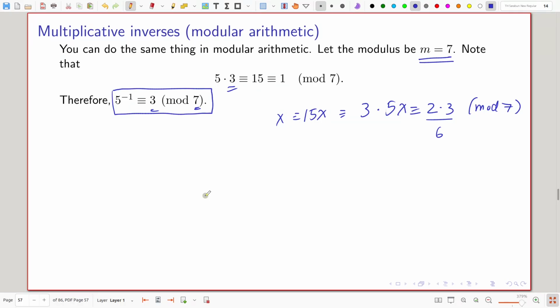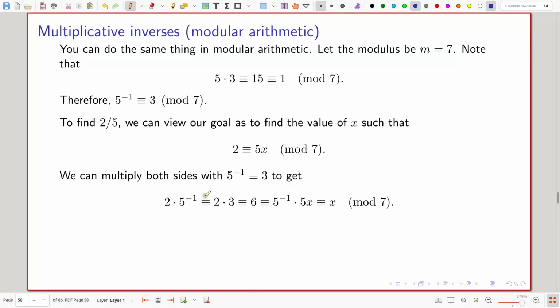Okay? So when you want to do divisions, again, there are no divisions, but we want to do it anyway, right? So there are no real divisions. You multiply with the multiplicative inverse. Okay? So if we want to solve these equations, we know that the multiplicative inverse of 5 is 3. So you multiply the whole thing with 3.